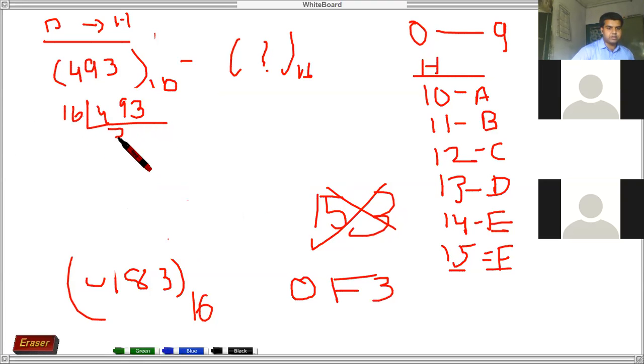Okay, 16 threes are 48. 1 comes down, 13. Okay, so 13 is the remainder. Is it so?